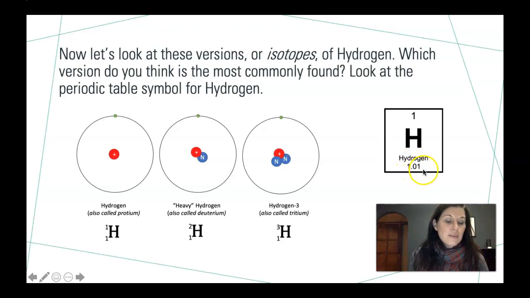So that tells me that when I average all of these different isotopes in the entire universe, most of them have a mass of about 1. So I expect the most abundant isotope, or most common, to be hydrogen 1, or protium. So we can figure that out from our average atomic mass. We'll learn later in this lesson how to calculate that.